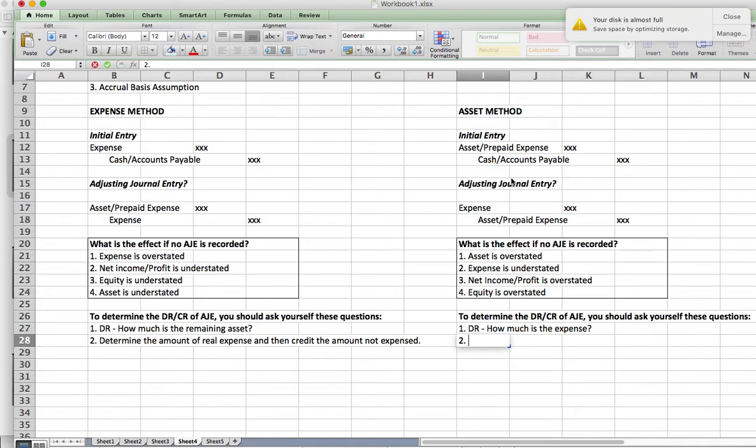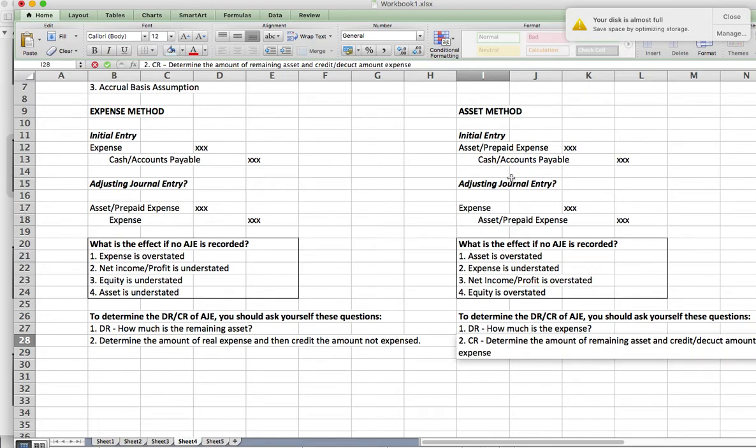Kung hindi given yung expense, anong kailangan mong isipin? For your credit side, determine the amount of remaining asset, and credit or deduct the amount expense.